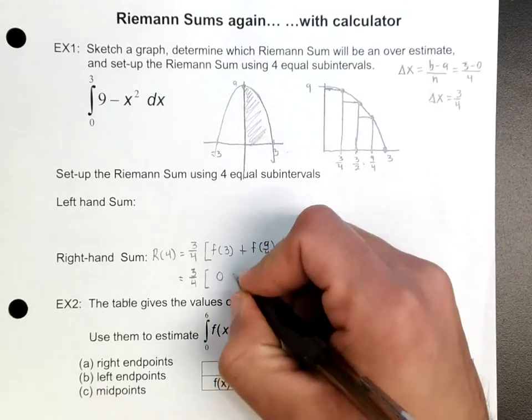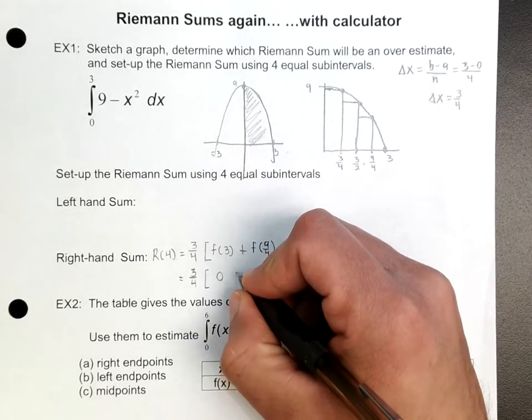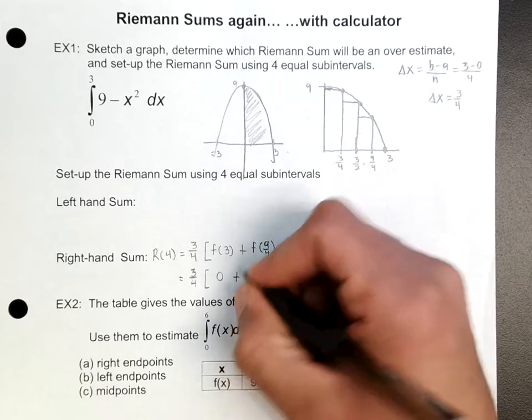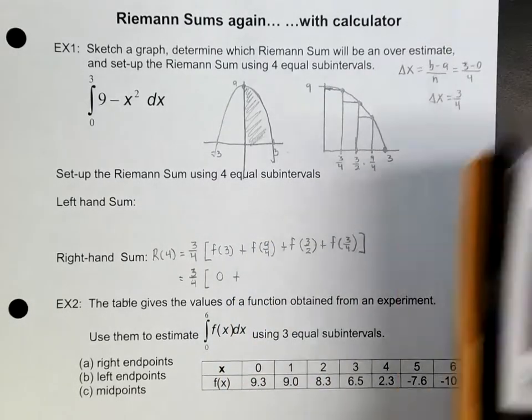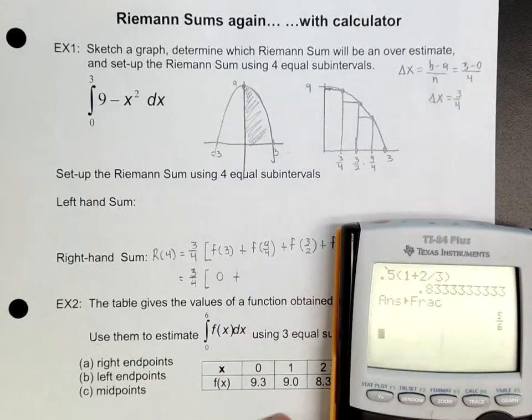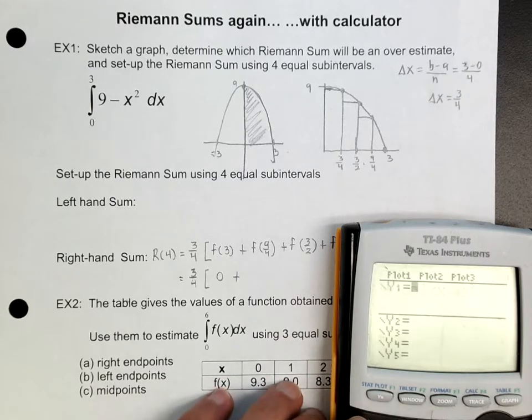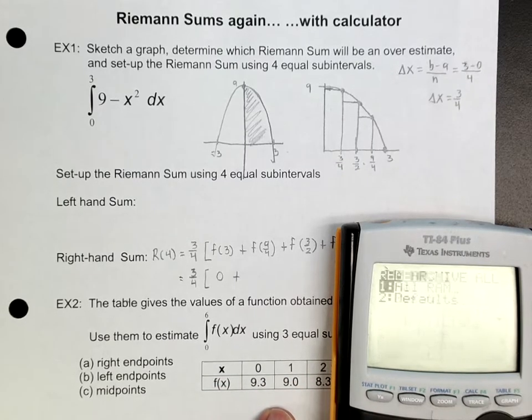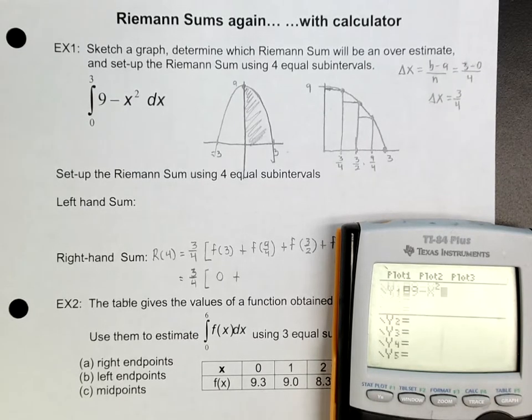So this is 0. Now to figure out the rest, probably the fastest thing you can do is go to your calculator. Let's first clear it and just put 9 minus x squared.